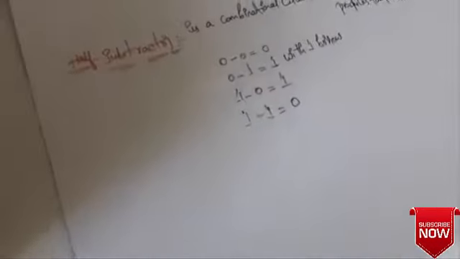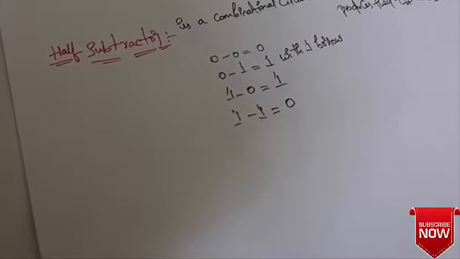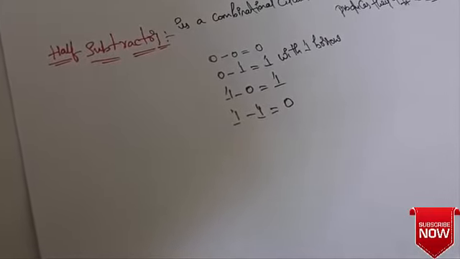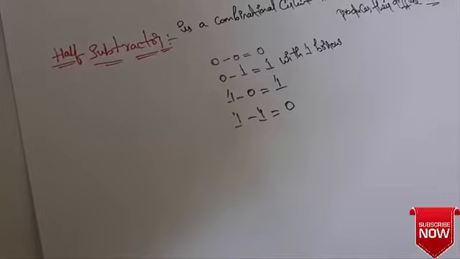Now let's see the truth table for the half subtractor, as well as the block diagram and the K-map for the half subtractor. And the final conclusion will be the disadvantages or limitations of the half subtractor.